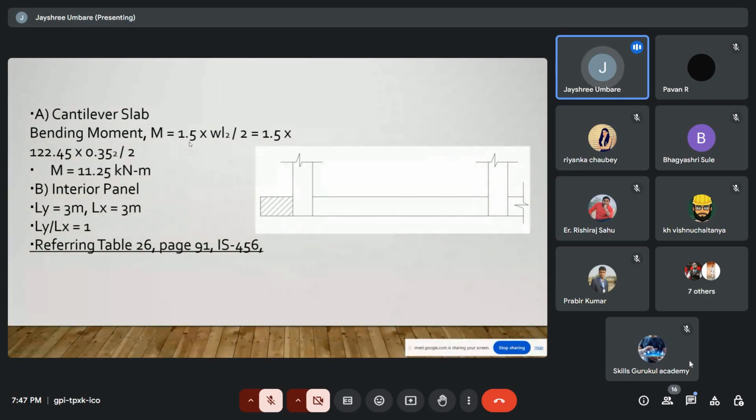Bending moment M is equal to 1.5 WL square by 2. This is in the IS code. Then M comes to 11.25. Interior panel is LY 3 meter, LX is 3 meter. This ratio LY by LX is equal to 1. Then when LY by LX value is 1, we have Table 26, page number 91 of IS 456, which gives values for this ratio 1.